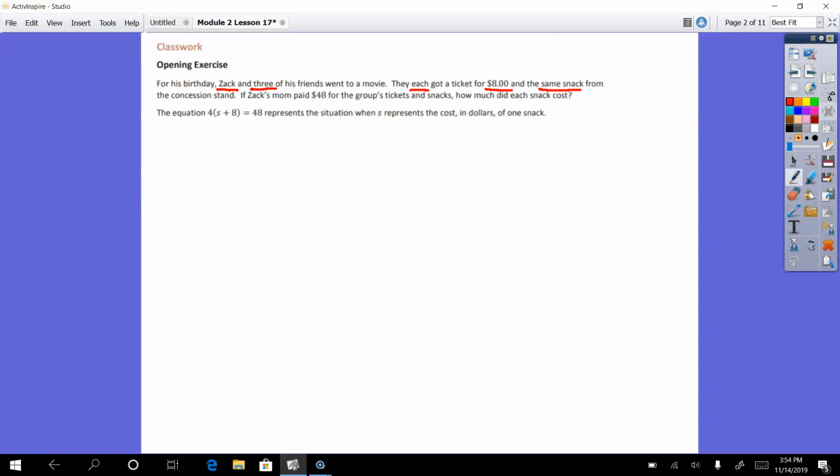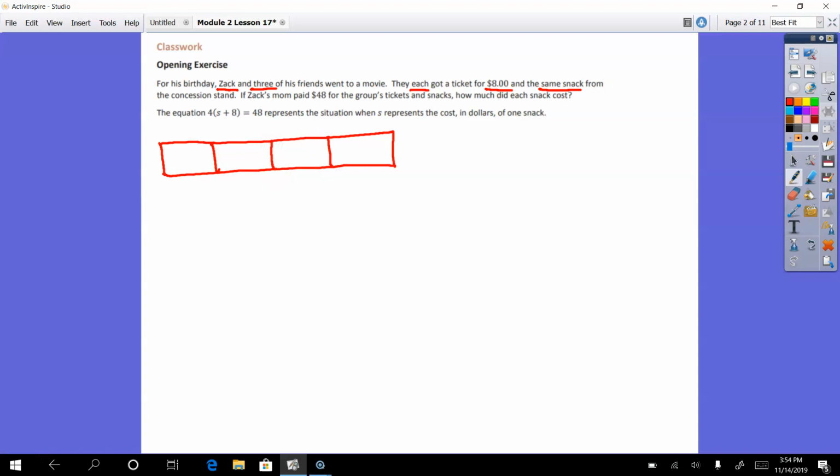Okay, so we said we're going to look at this in 2 different ways. We're going to look at it as a tape diagram, and we're going to look at it as an algebraic solution. So as a tape diagram, we would have our tape diagram. Okay, and we know we had 4 friends.